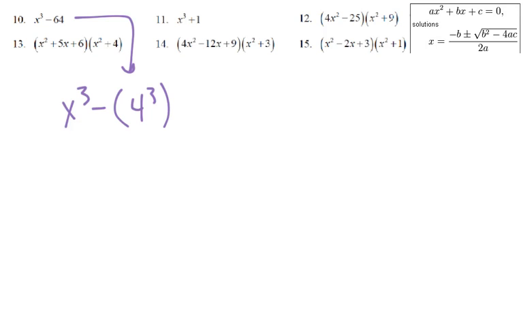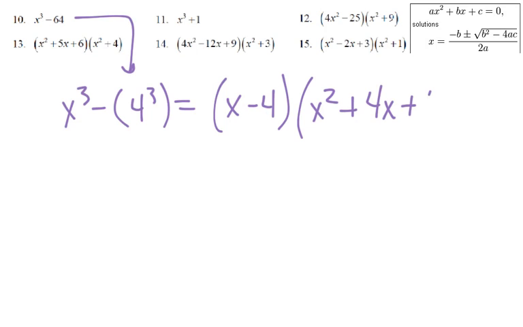So we would use the difference of cubes, which looks like this: x minus 4 times x squared plus 4x plus 4 squared, which is 16, right? Once again, there's no way to factor that longer one, so we're going to have to use the quadratic formula.